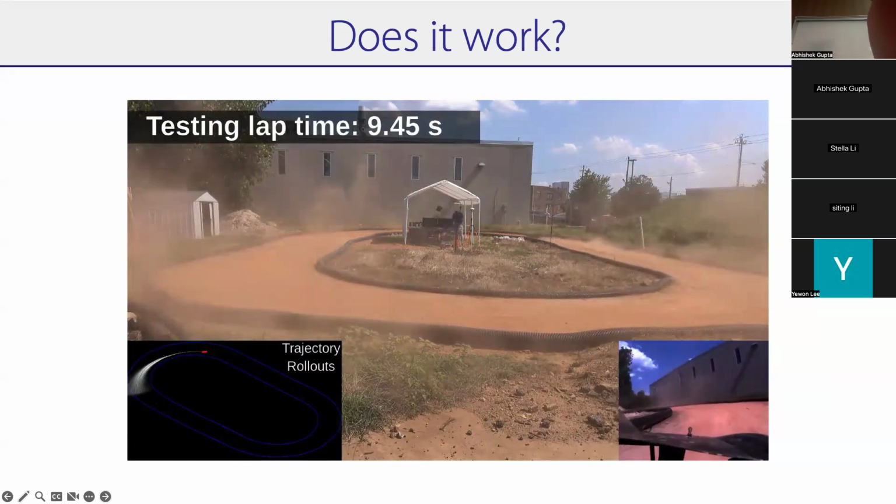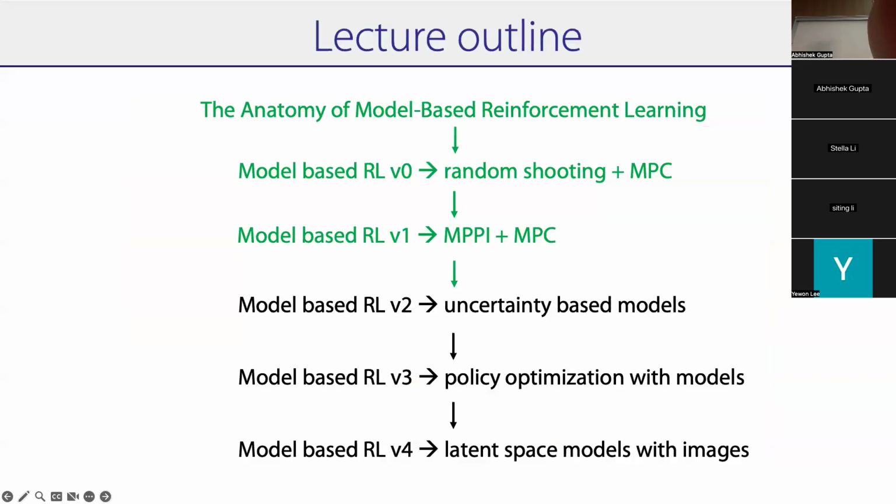The reward was speed and staying at the center line as much as possible. Don't crash, stay near the center. Nice. All right, so that is P1, which is improving our sampling distribution from random shooting to MPPI.